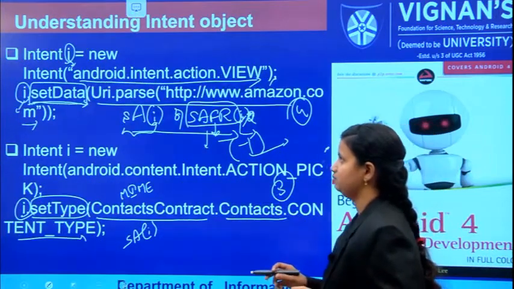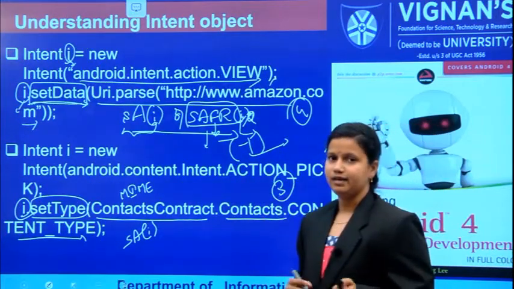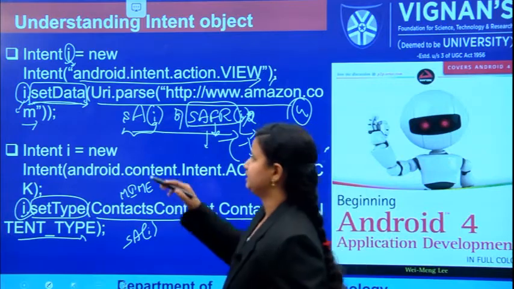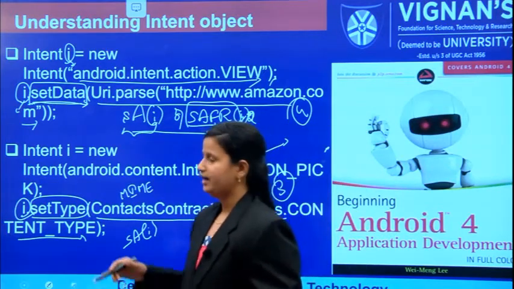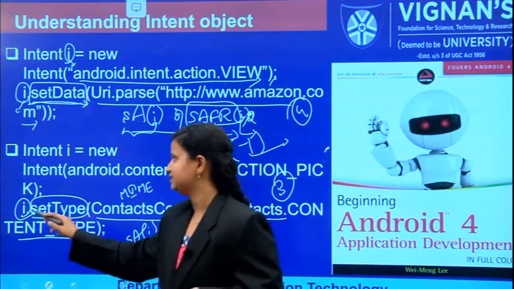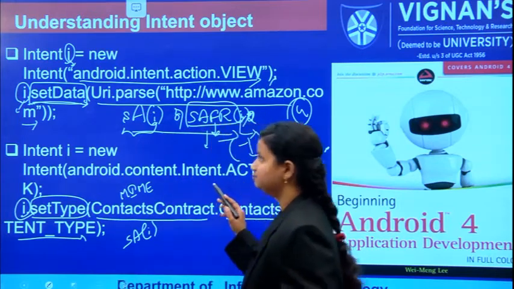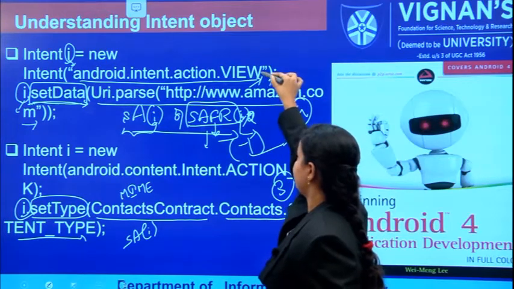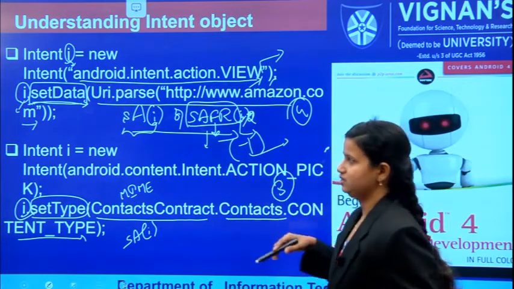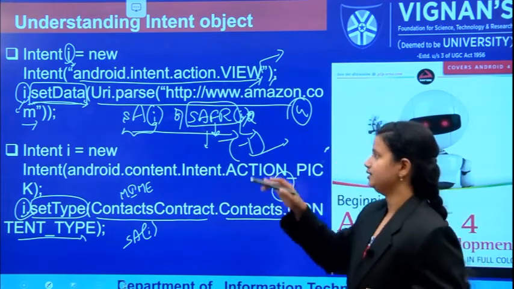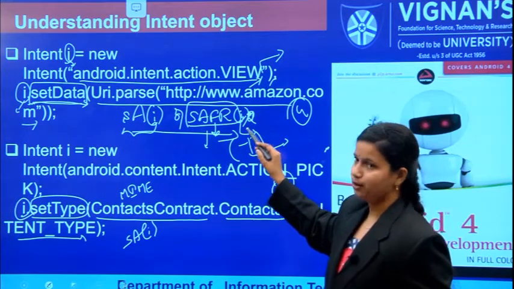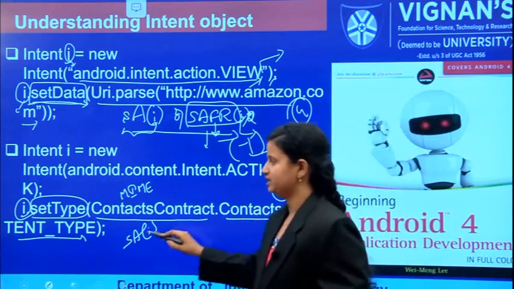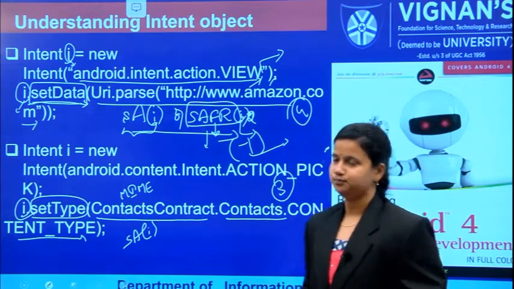The next thing is that we go with the intent object, but we set the data on the object. And next one is we set the type. In the earlier case, we provided the data as the second parameter, but instead of that second parameter, we set the data separately on the object, and here we set the type of the data.